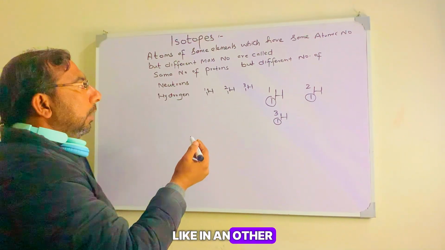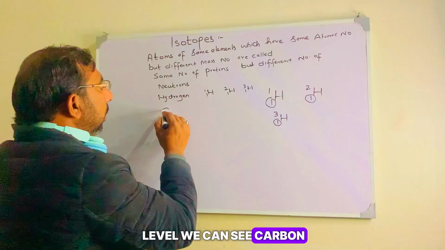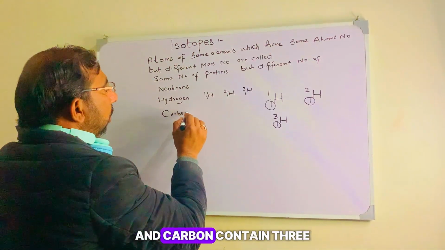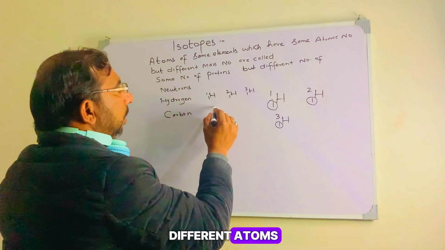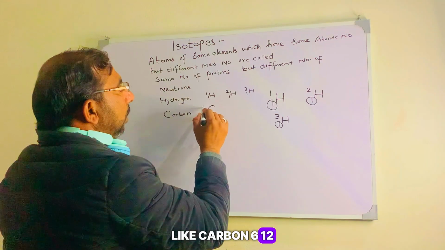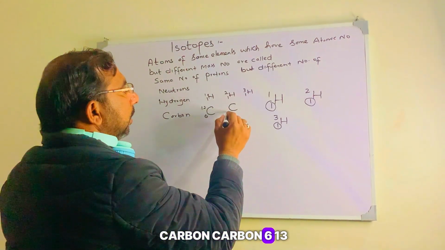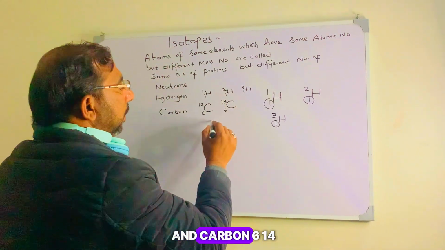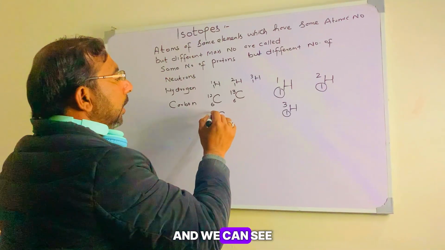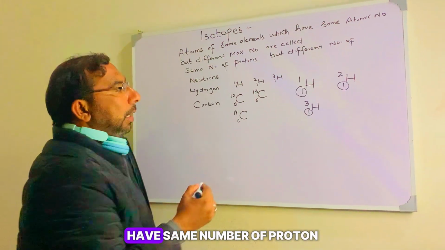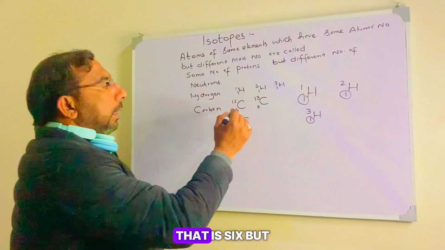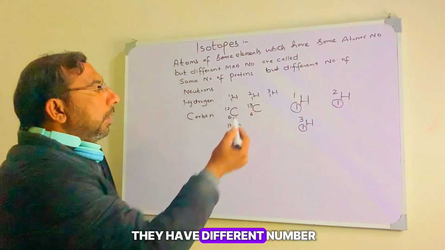In another example, we can see carbon. Carbon is an element, and carbon contains three different atoms: carbon-12, carbon-13, and carbon-14. All these three atoms have the same number of protons, that is 6, but different numbers of neutrons.